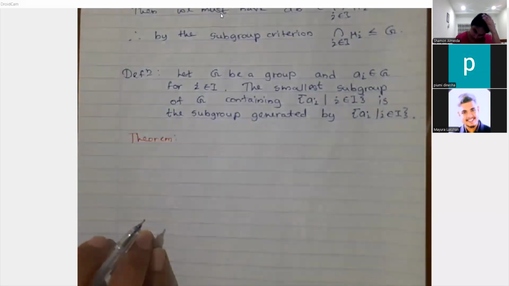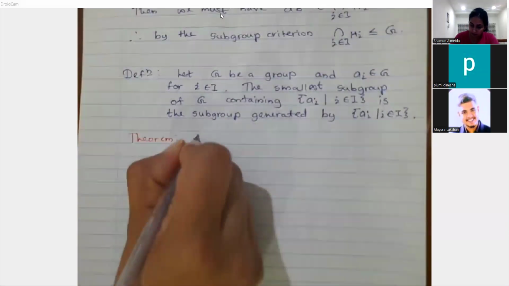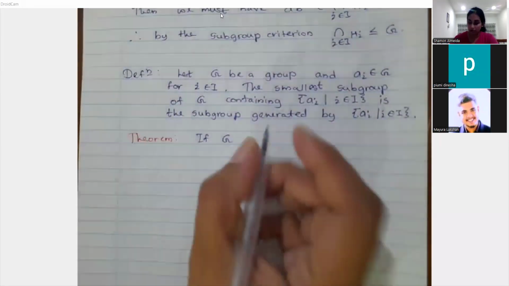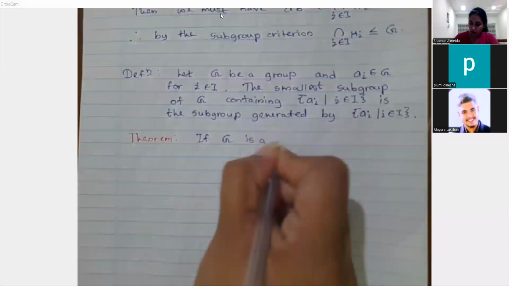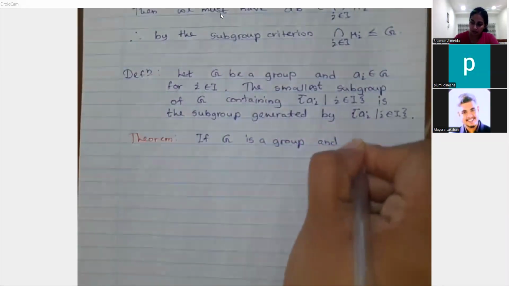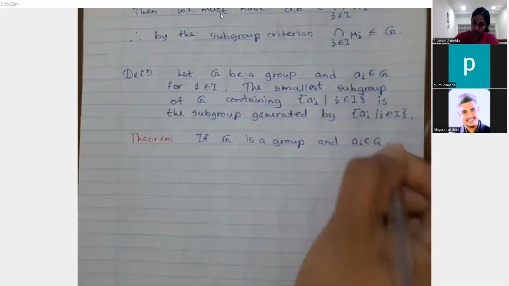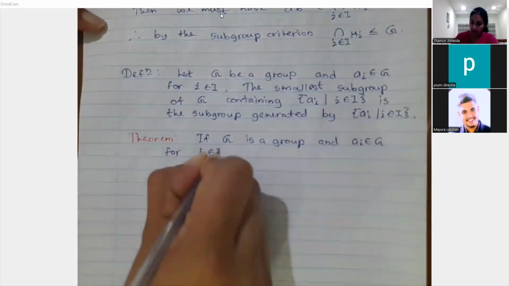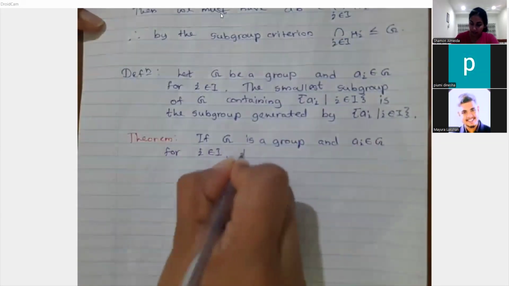Let's take G to be a group, and a_i is in G for i coming from some index set.